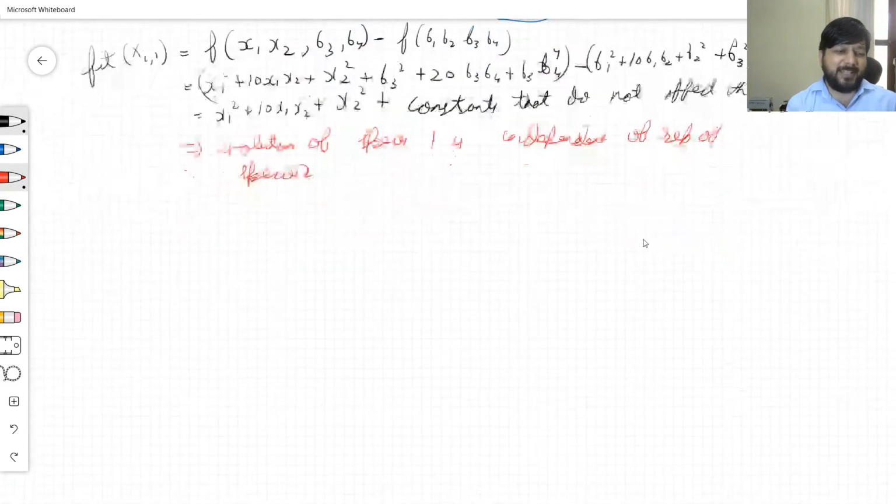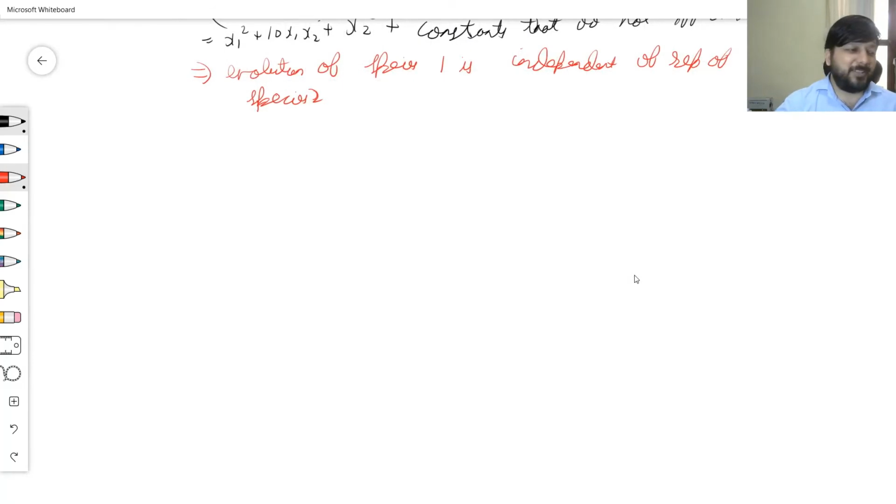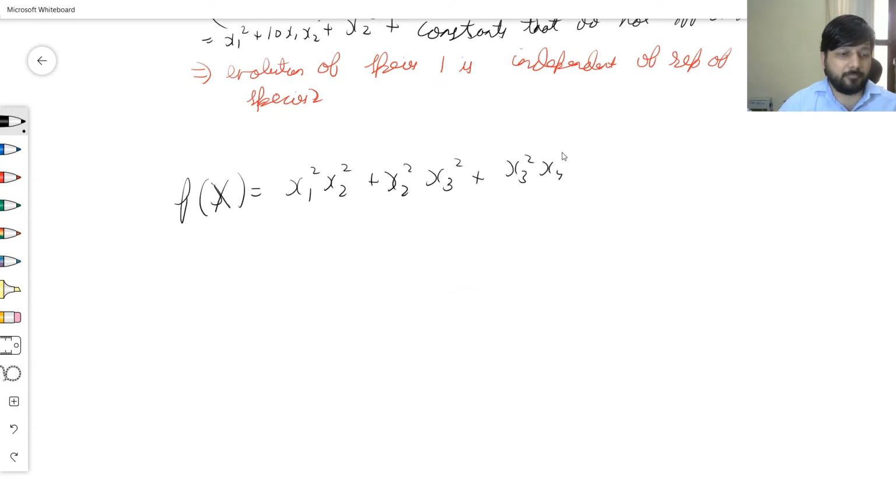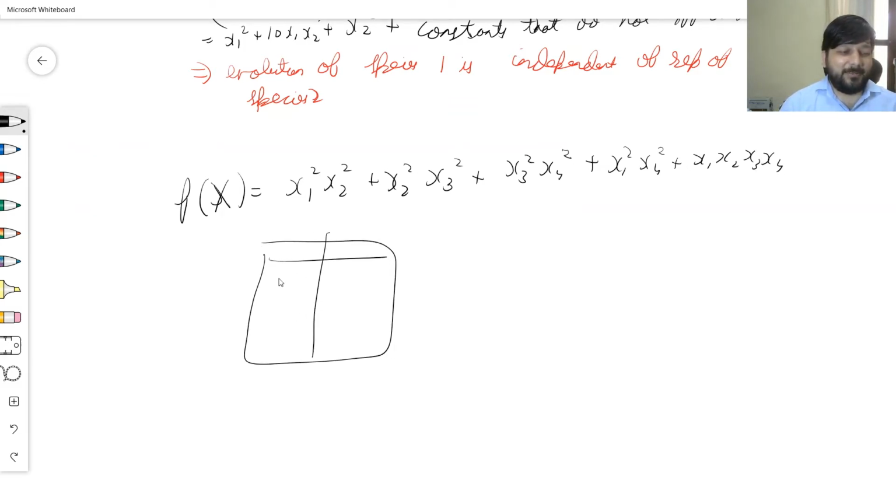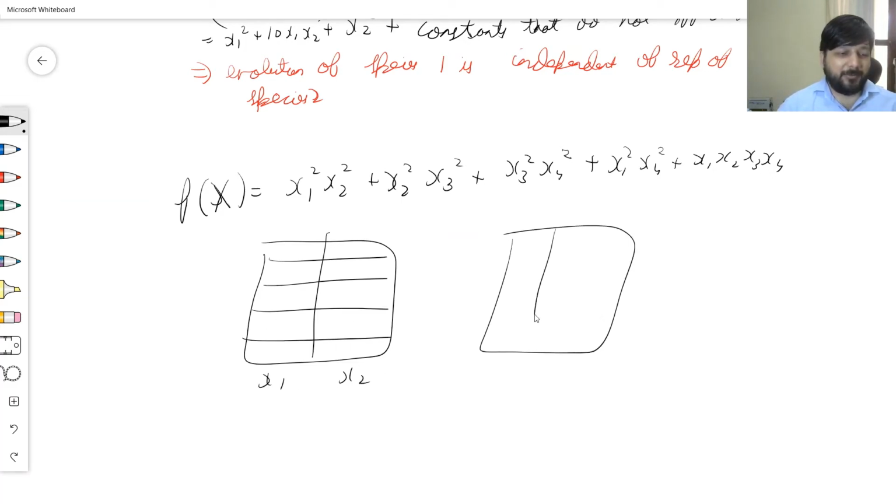Now let's take in another case where the population is completely dependent. And let's say I still make the error and I do x1, x2, and x3 and x4.